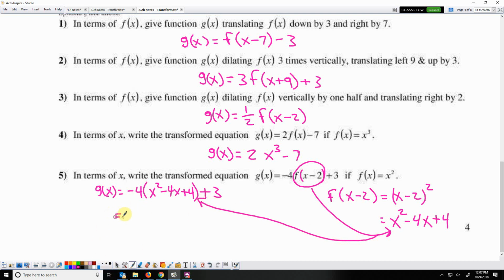And this can be simplified to negative 4x squared plus 16x minus 16. And then I still have that plus 3. So I can combine like terms to negative 4x squared plus 16x minus 13.